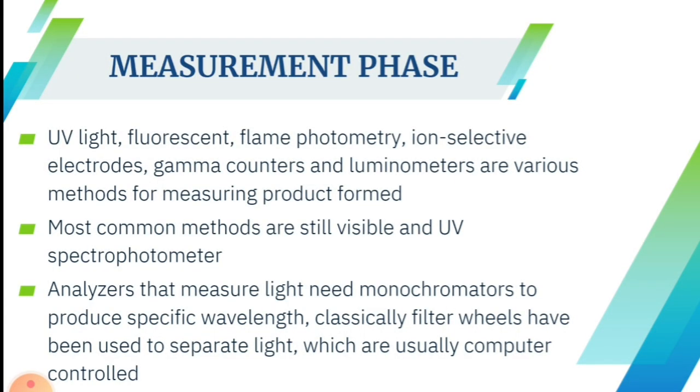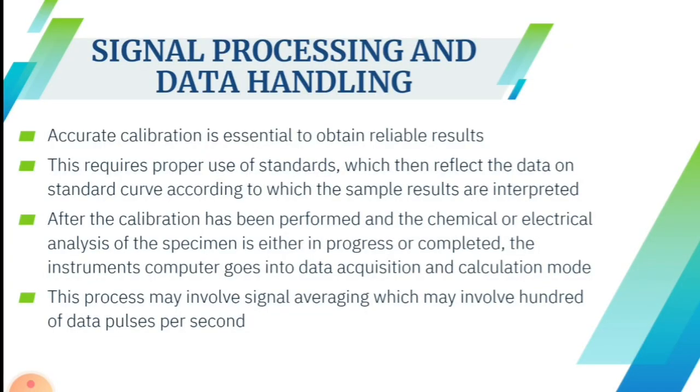So the measurement phase uses the following: UV light, fluorescence, flame photometry, ion selective electrodes, gamma counters, and luminometers. The most common methods for the measurement phase are still visible and UV spectrophotometry. The advantage of calibrating an automated instrument is the long-term stability of the standard curve, which requires only monitoring with controls on a daily basis.